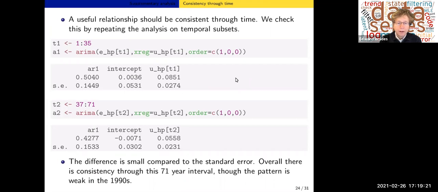I think the results are indeed reasonably consistent in this 71-year interval. If you look at the data, you'll see the pattern seems weaker in the 1990s, but then it's quite evident again in the early years of the 2000s. So it passes that test of consistency through time.